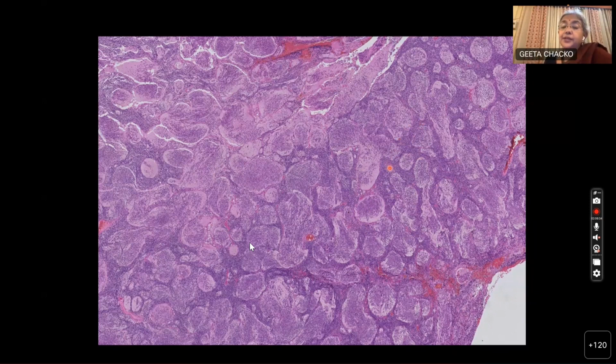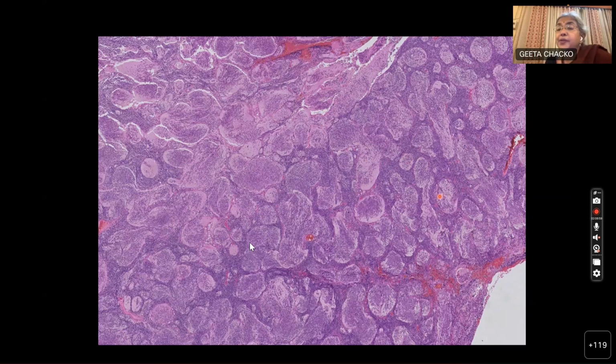What you're seeing here are these hyperchromatic, hypercellular, internodular zones. Do you agree? These are more cellular than the central nodular zones. So at this point, you can only say that it has a nodular morphology with these hypercellular zones and the nodular pale zones.